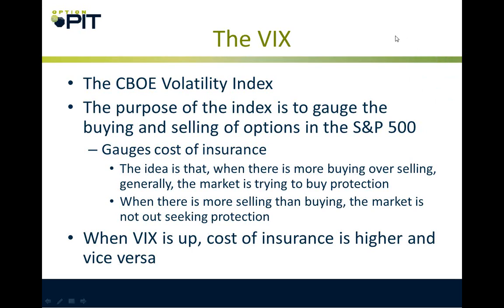When there is more selling than buying of options, the market is out selling insurance. So basically, VIX up, cost of insurance up, and VIX down, cost of insurance is down. Really simple and a real easy way to look at it. Options are an insurance product. The VIX is an insurance gauge.